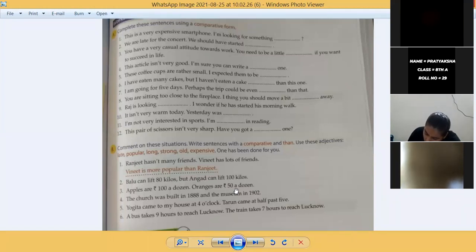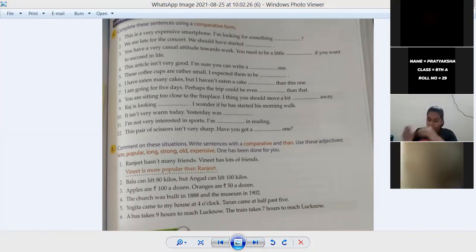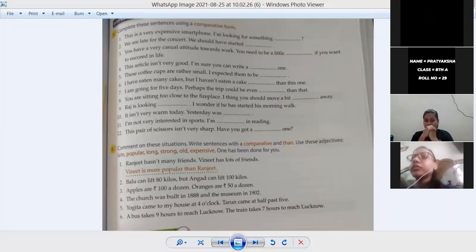Ma'am, we have to use more also. No, Angad is stronger than Balu. You can write that because we have already used er. Where you cannot put er, there you use more or most. Okay. Angad is stronger than Balu.